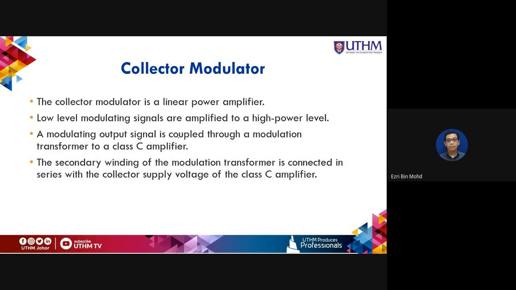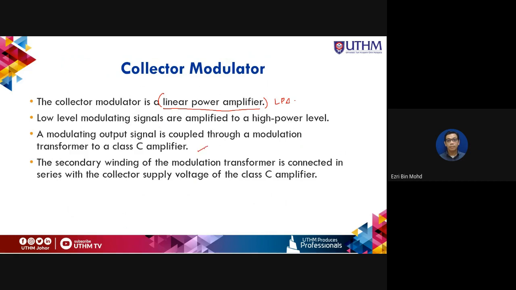Collector modulator is a linear power amplifier, LPA, linear power amplifier. So low-level modulating signals are amplified to a high-level power. A modulating output signal is coupled through a modulation transformer to a class C amplifier.